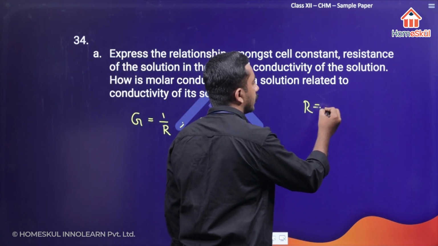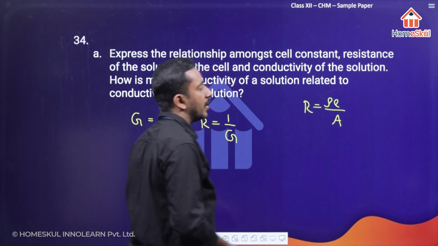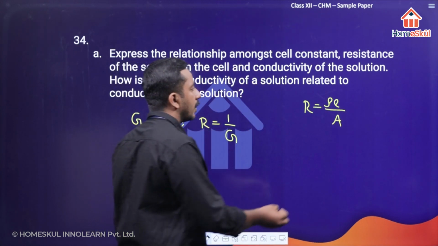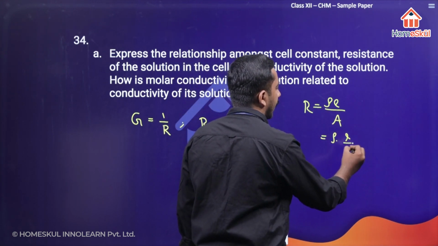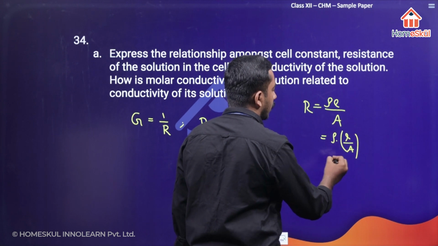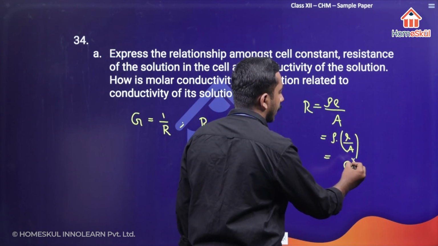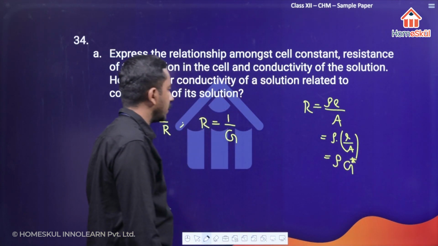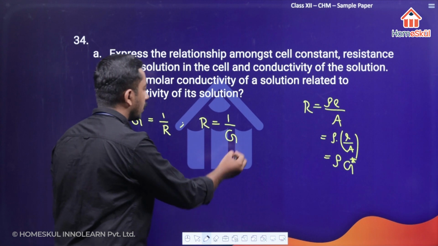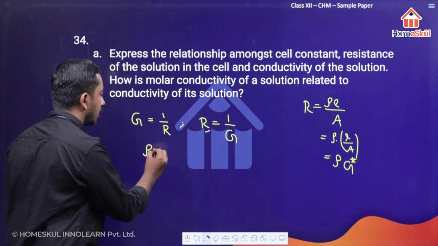R is given as R is equal to rho L by A, where rho is the resistivity of the material and L by A is called the cell constant. Rho is the resistivity and L by A is the cell constant, which is represented as G star. So we can write this as rho into G star, right? So the equation now changes to, instead of R, we can write rho into G star.